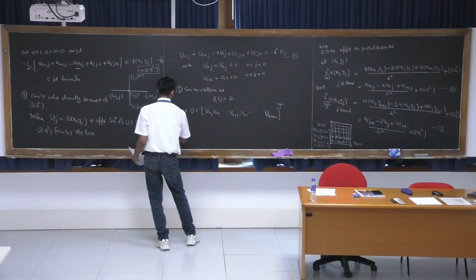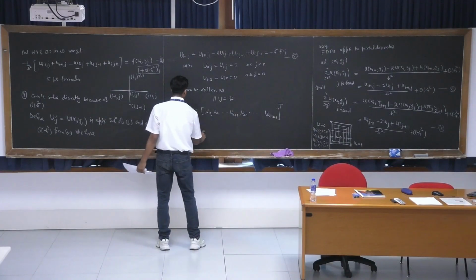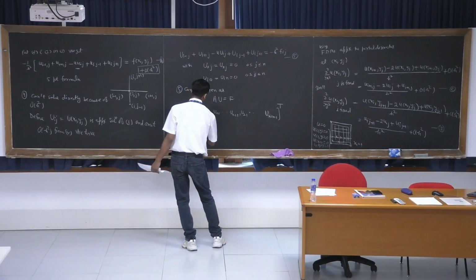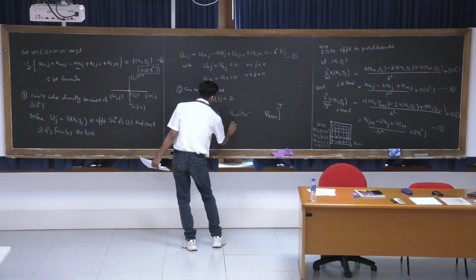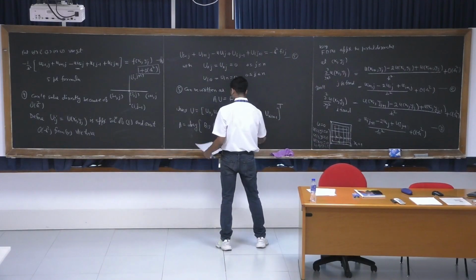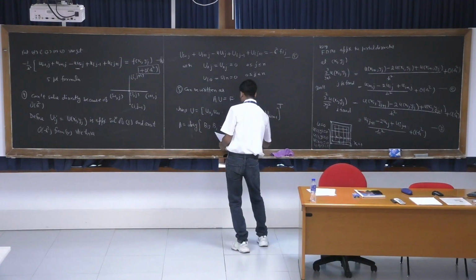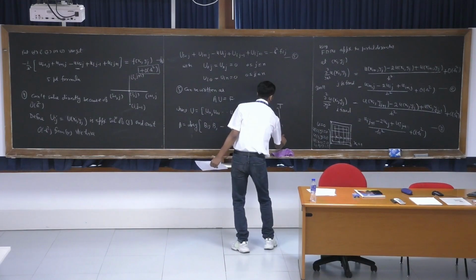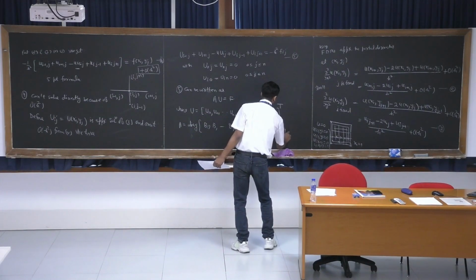A is equal to this diagonal matrix, right? Where the diagonal contains B, B, and B. And B is a tridiagonal matrix which contains the elements 1, 4, 1.